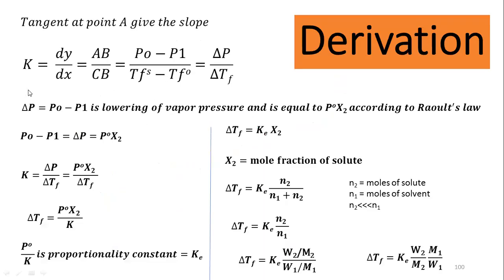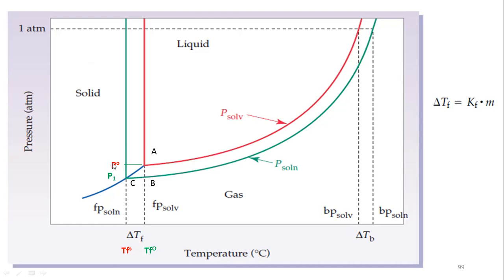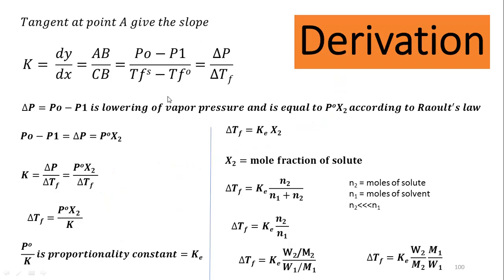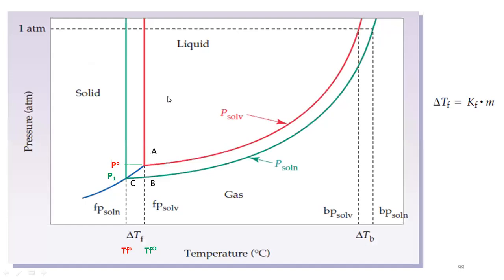So this is the same derivation. K is the slope, dy over dx. As I have explained, dy is the AB, dx is the CB, and AB is the P naught minus P1, the difference on the y-axis. For the x-axis, TF naught minus TFS. Sorry, this was mistakenly written; it should be higher temperature minus lower temperature.